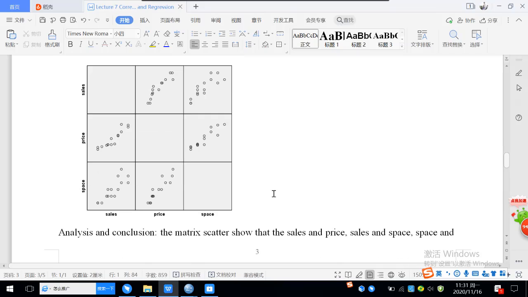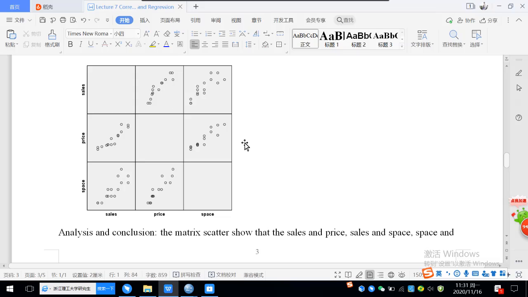Okay, and through the result here, it shows that the sales and the price, the sales and space, the space and price, you can see they all have the linear relationship.